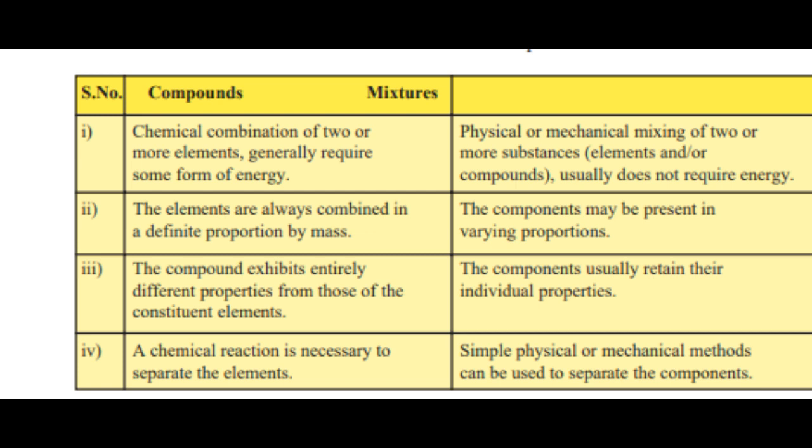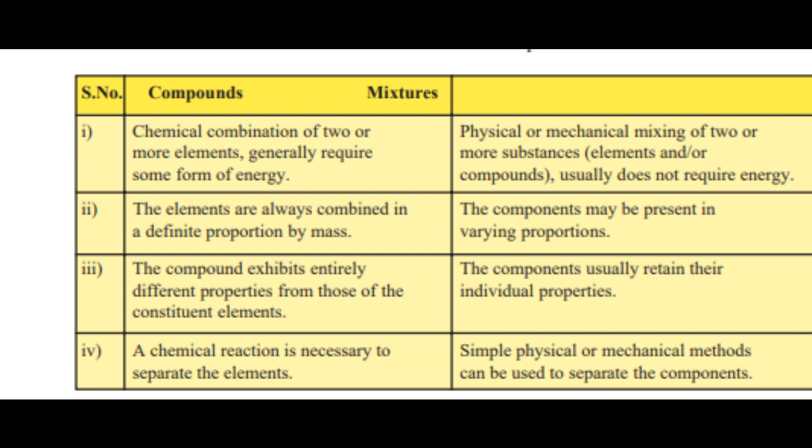In order to represent chemical equations, we use the symbols of elements, while compounds are represented by their formulae. The formula of a compound shows the type and number of atoms of each element present in a molecule of the compound. Chemical reactions are of several types. We shall know about the major ones.